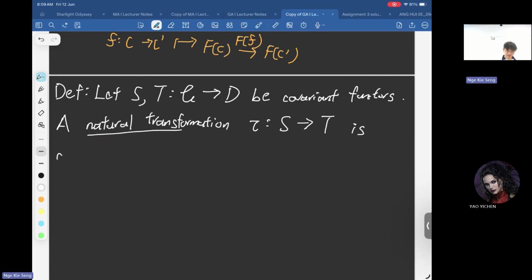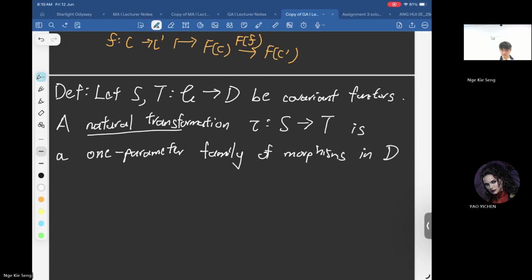It is actually a one-parameter family of morphisms in T. So what does this mean here?